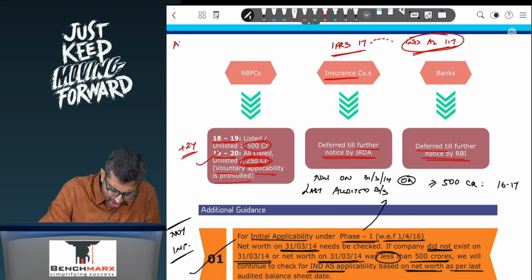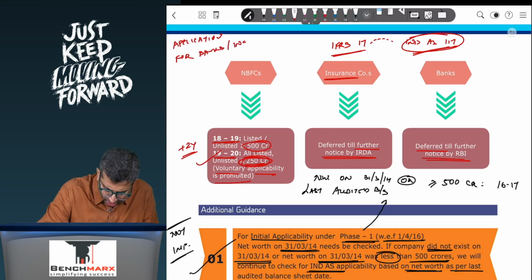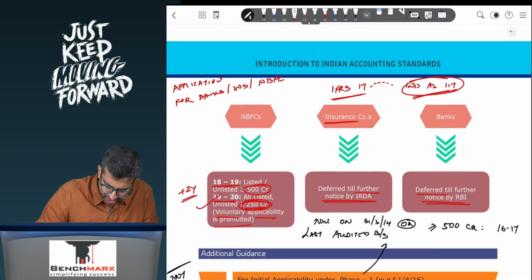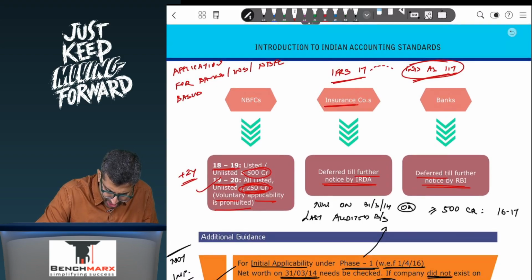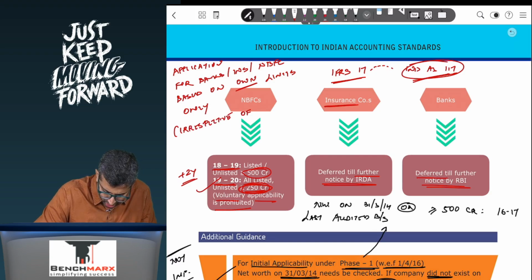So over here you can say: application for banks, insurance, NBFC based on own limits only, irrespective of non-finance parent or subsidiary companies.